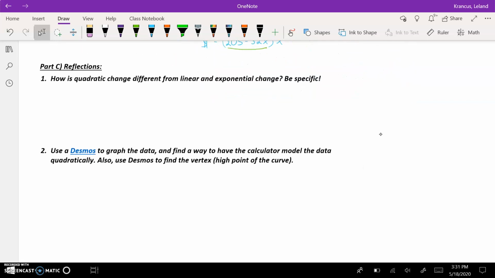So to summarize, just talking about differences between quadratic change and the ones that we've looked at before, one of the key differences is that we have a positive and a negative change section in a single function.